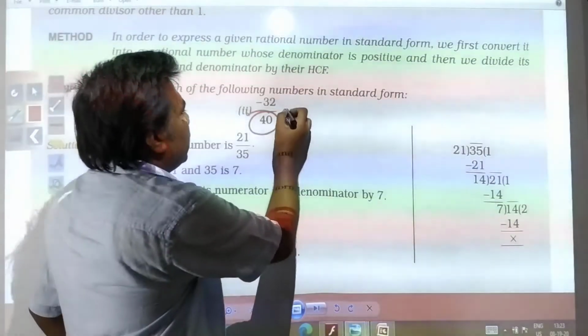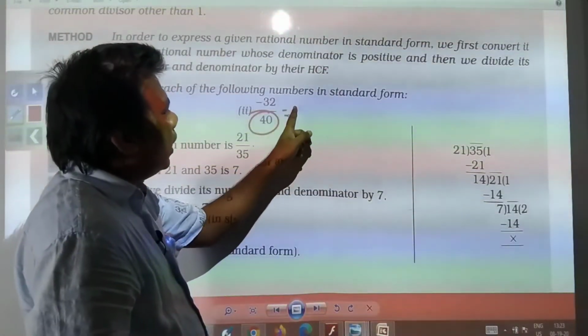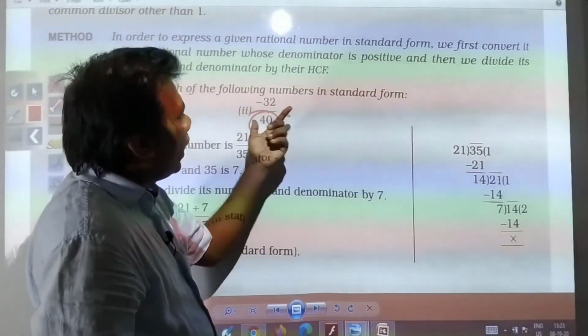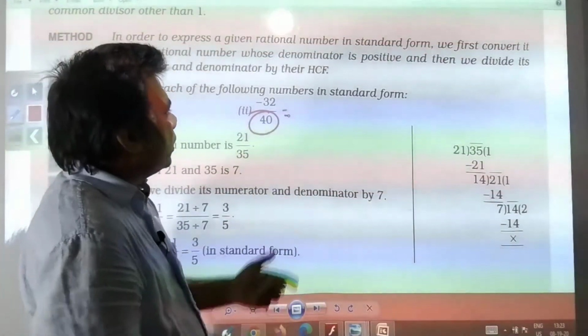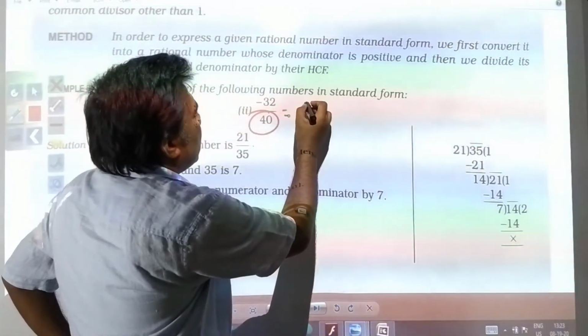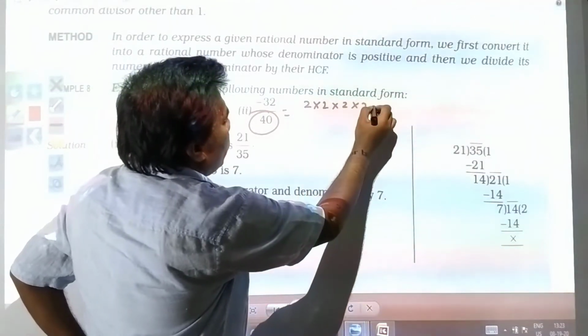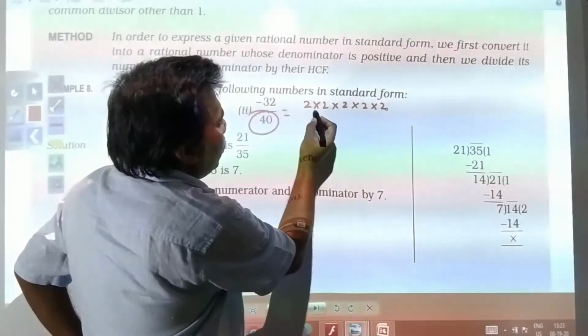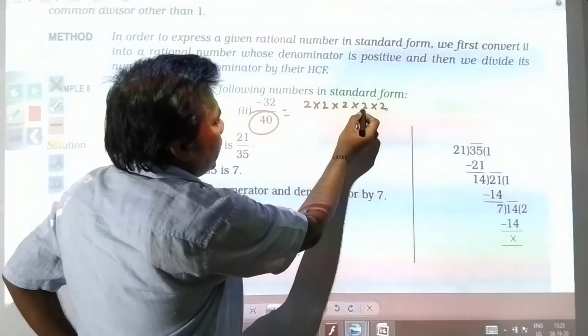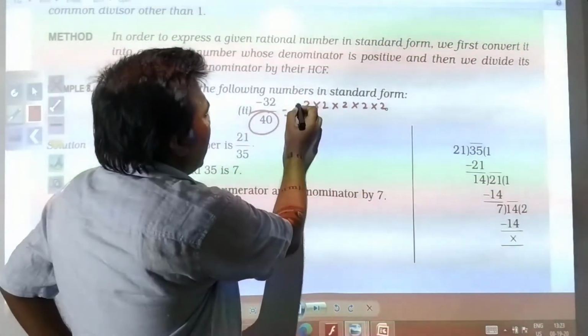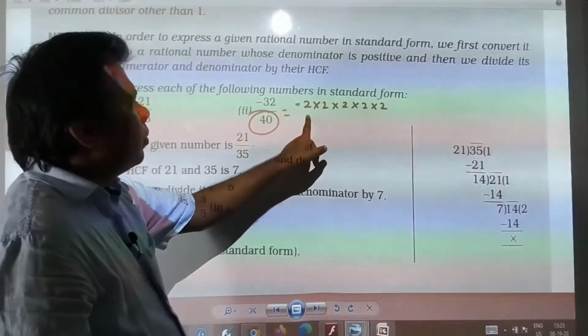So again, you express this as a product of prime factors. 32 you will get as 2 into 2 into 2 into 2 into 2, 2 twos are 4, 4 twos are 8, 8 twos are 16, 16 twos are 32, and minus you will have.